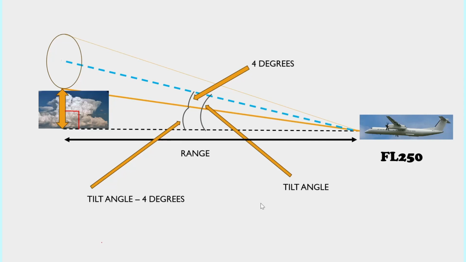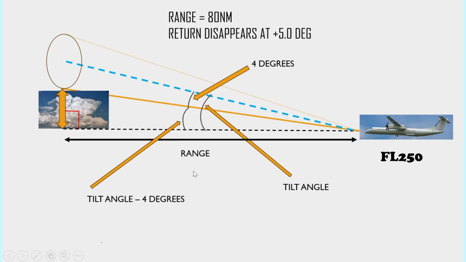At 80 miles we saw a painting on our radar ND image, and we tried tilting it all the way to 5 degrees. So when we reach 5 degrees, this whole thing here is 5 degrees. We raised the whole cone-shaped beam, as you can see, by 5 degrees. Now 5 degrees tilt is actually 1 degree off course.